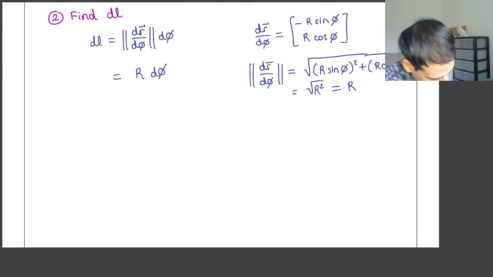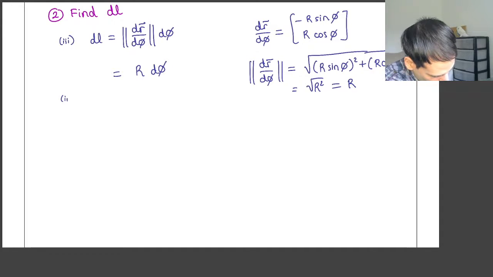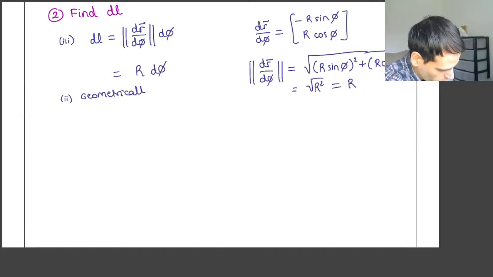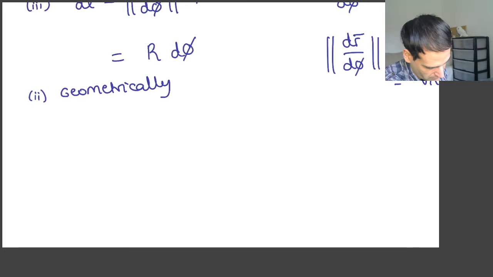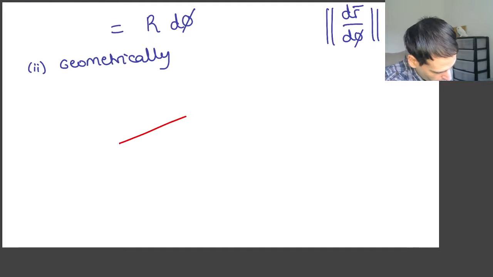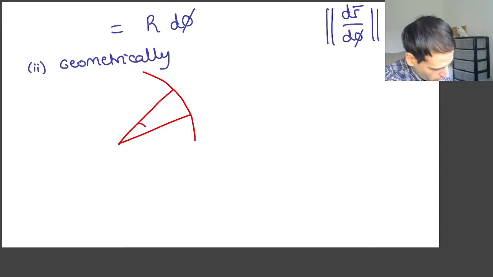Now we could have found it geometrically. So this was with method 3, but we could also have used method 2 geometrically. So how does it work geometrically? We have to picture we are on the curve, our circle, and we increase phi by an amount d phi.